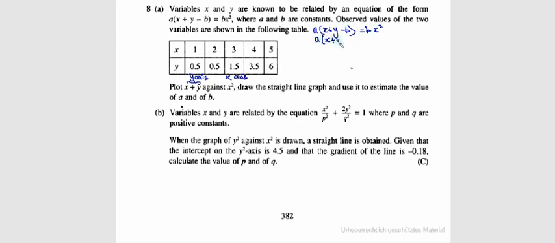A(x plus y) minus AB equal to Bx squared. I still keep x plus y together because I want to see x plus y. Then A times minus B gives minus AB, so A(x plus y) equals Bx squared plus AB. I see a constant here.